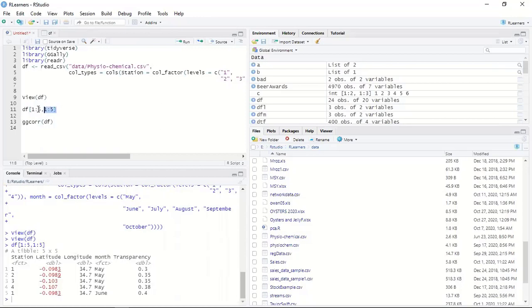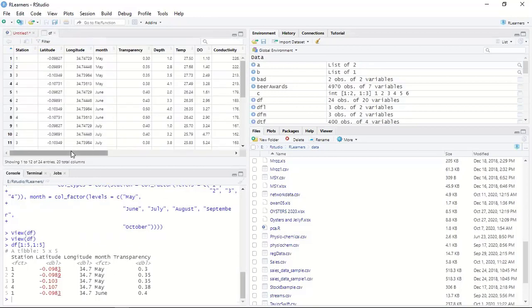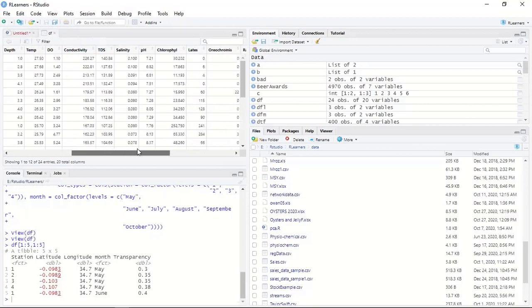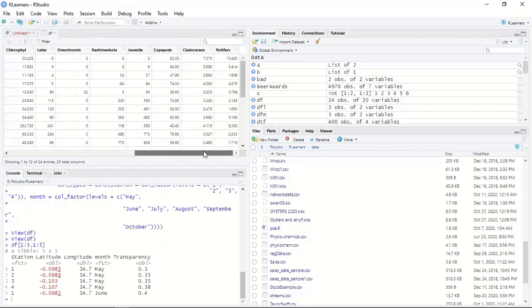These square brackets are used for subsetting your data. So when you're using ggcorr, we want to subset our data because ggcorr only uses integers or numerical variables. Anything that is numerical is the only one it uses.